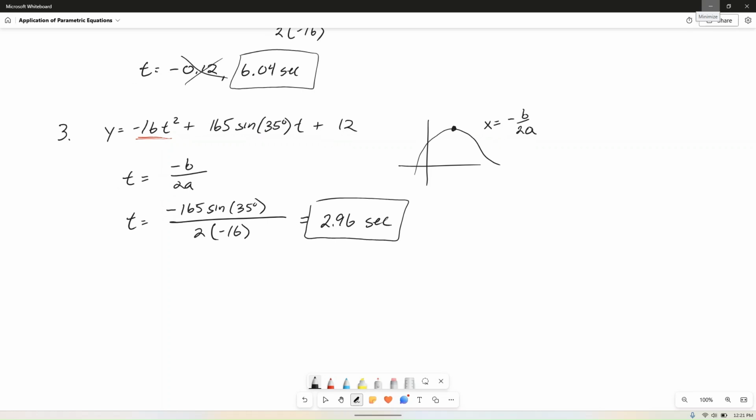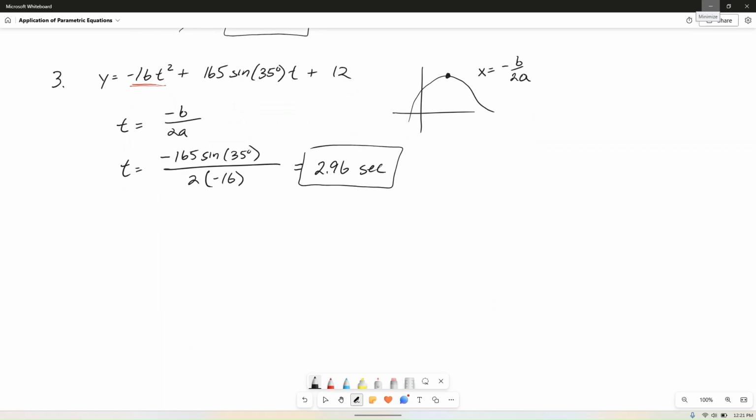The first part of the question was to figure out what that actual height was. And so to solve for that actual height, we need to take the time value and plug it in for t, because our y equation is a function of time, of t. So let's take that 2.96 seconds and plug it in for t in our y equation. y equals negative 16 times 2.96 squared plus 165 sine of 35 degrees times 2.96 and then plus 12.